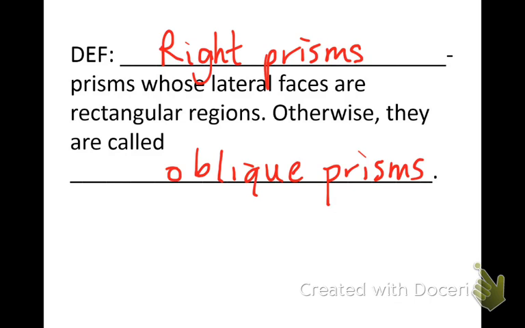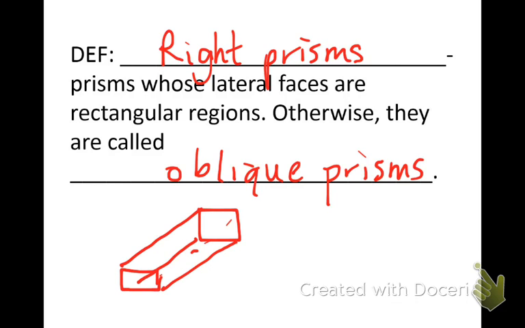An oblique prism might look like something like that. The sides are not rectangles, they're parallelograms.